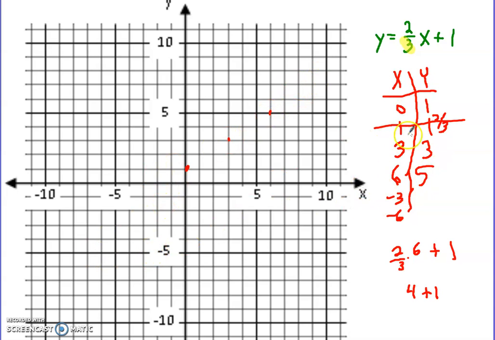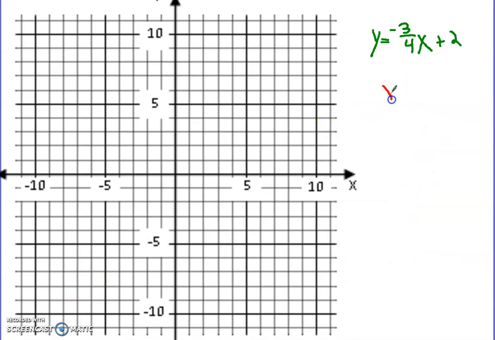Again, you only need 2 or 3 numbers, but I always recommend 3 so you can see a line and they will connect. On this one, it's not a guessing game. Look at the denominator. The denominator is the clue.